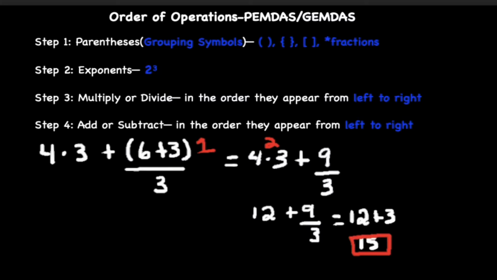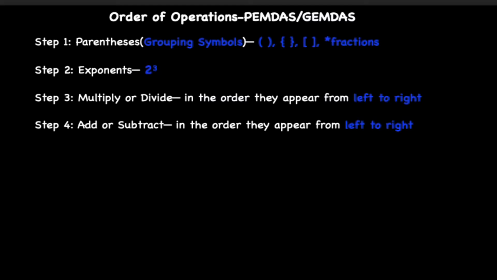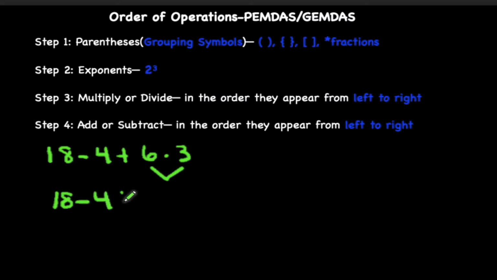So far, hopefully that was helpful to you. Let's go over another problem. Let's say you're given 18 minus 4 plus 6 times 3. We will start off with multiplication because of our order of operations. So we have 18 minus 4 plus 6 times 3 is 18.